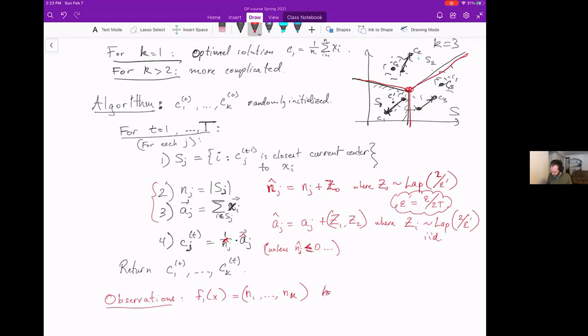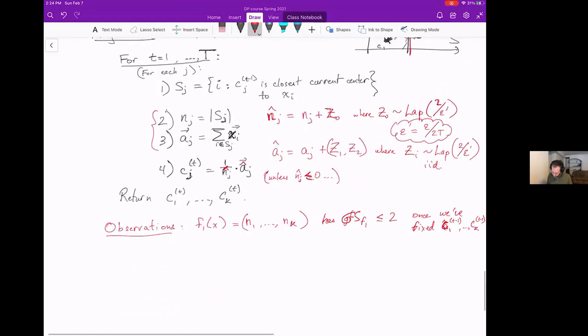This is a histogram, so it has global sensitivity GSF1 less than or equal to 2, at least once we've fixed and output the cluster centers from the previous stage, C1 of t minus 1 up to CK of t minus 1.